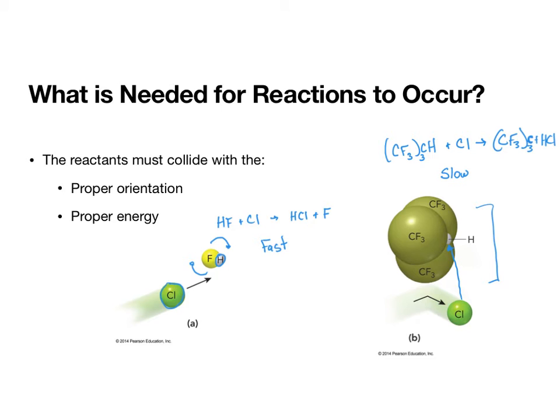And so there's a higher probability of reaction A occurring due to the smallness of the molecules. Therefore, it will be faster than B, which has a lot of steric hindrance and a lot of orientation challenges to the reaction.